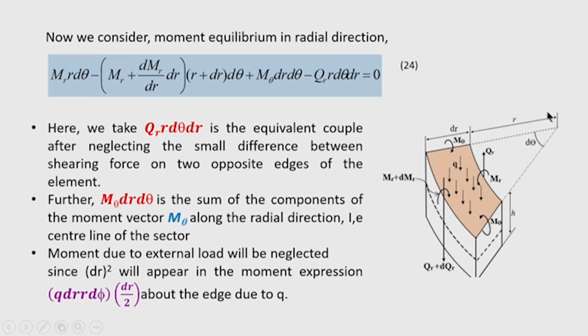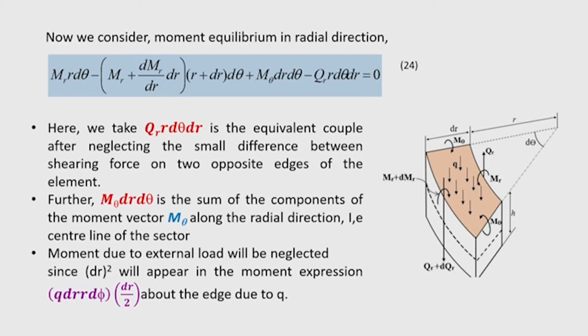And if you resolve it in the radial direction at the center, d theta by 2 will be there, and this will be your m theta cos d theta by 2, and here also m theta cos d theta by 2. Since d theta is a small quantity, we can take cos d theta equal to 1.